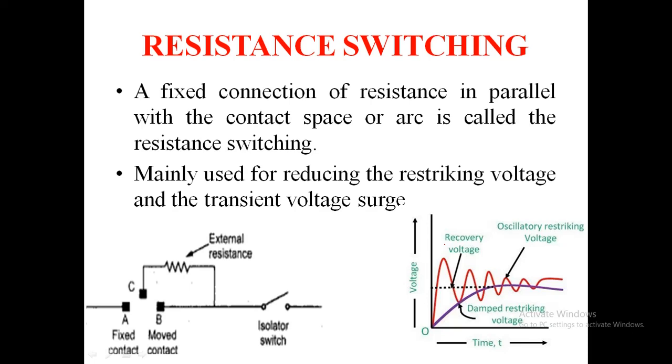In order to prevent this, we include the resistance across the circuit breaker contact. This is my typical resistance connection: external resistance, fixed contact and moving contact, and the circuit isolator switches, closing and opening. It is mainly used for reducing the restriking voltage and transient voltage.